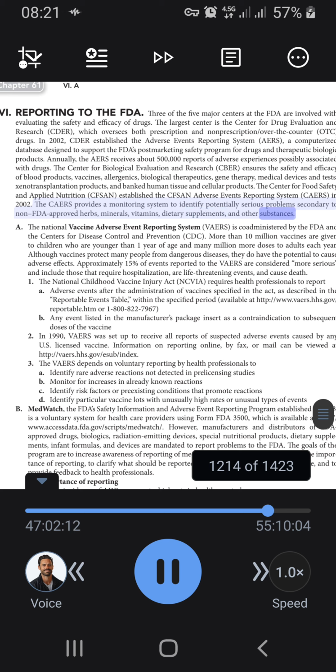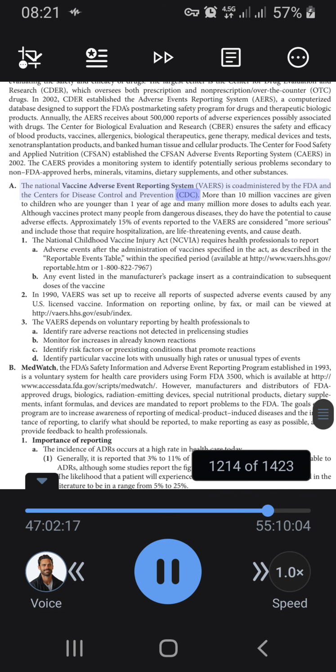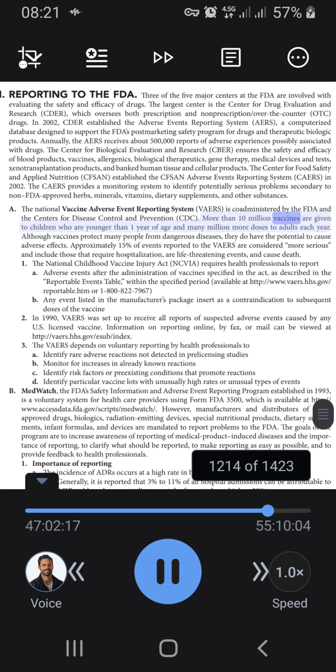other substances. A. The National Vaccine Adverse Event Reporting System, VAERS, is co-administered by the FDA and the Centers for Disease Control and Prevention, CDC. More than 10 million vaccines are given to children who are younger than 1 year of age, and many million more doses to adults each year.